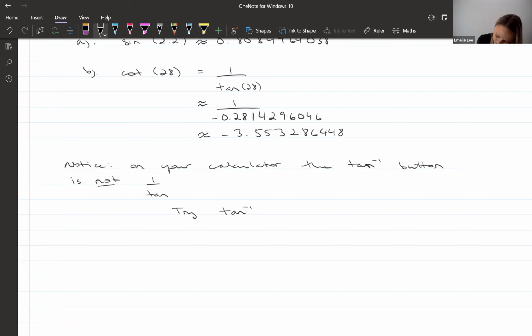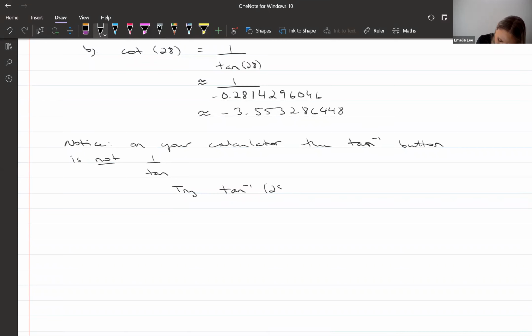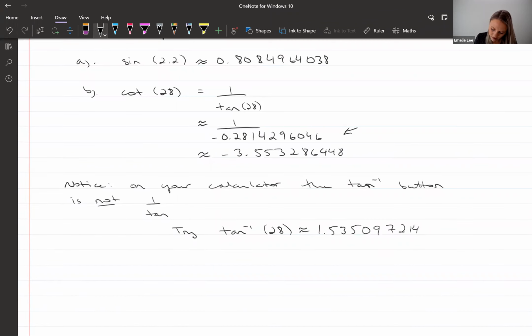Try the inverse tan of 28. The inverse tan of 28 is roughly 1.535097214, okay, which is not the same as the -3.55.